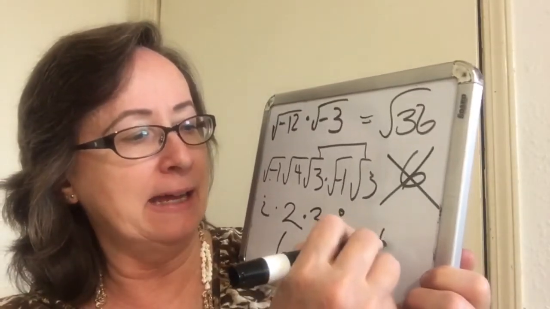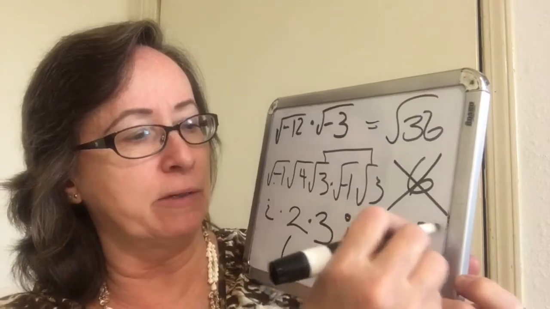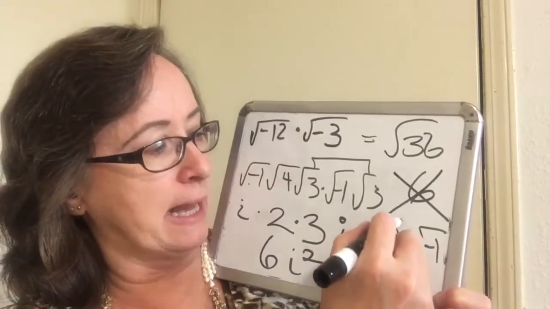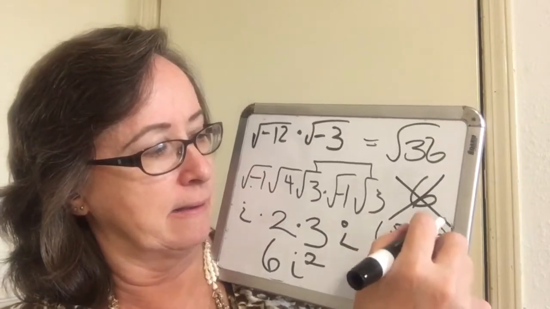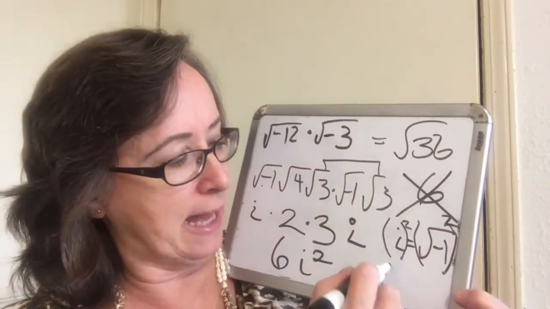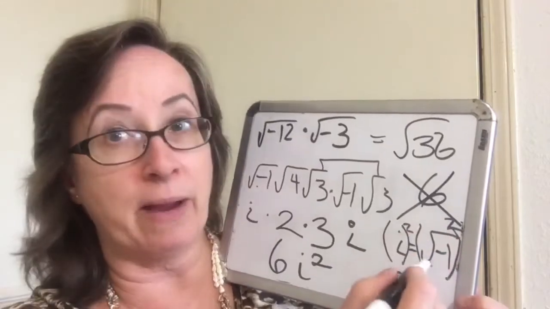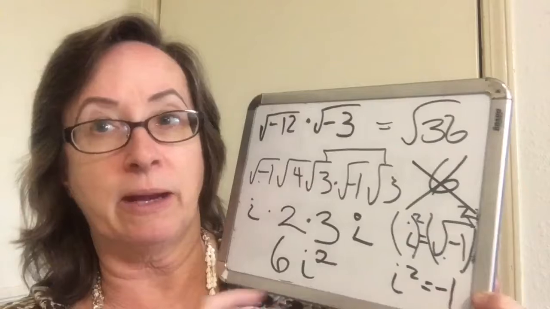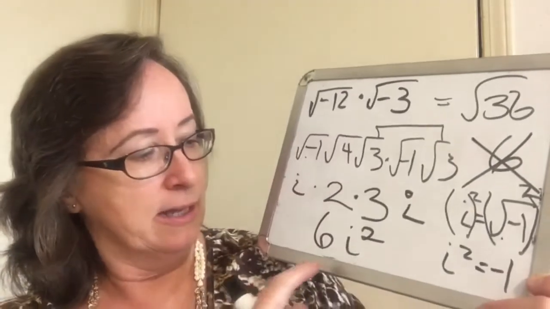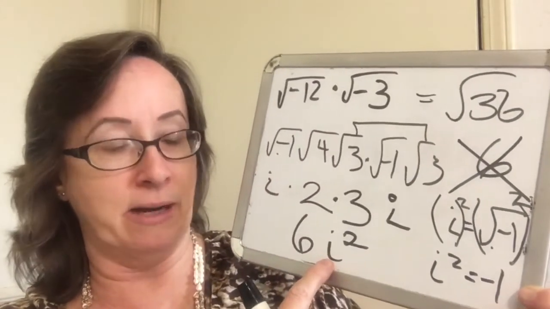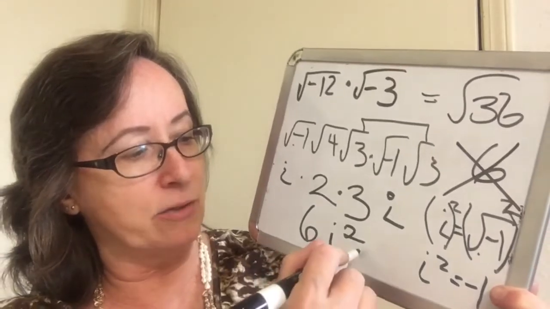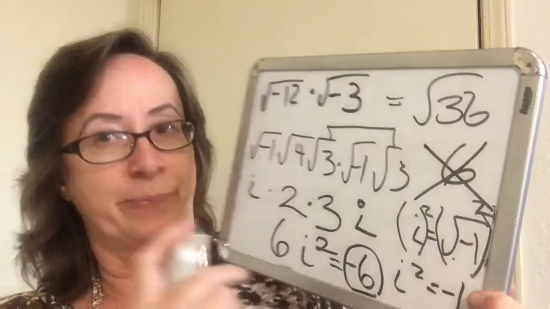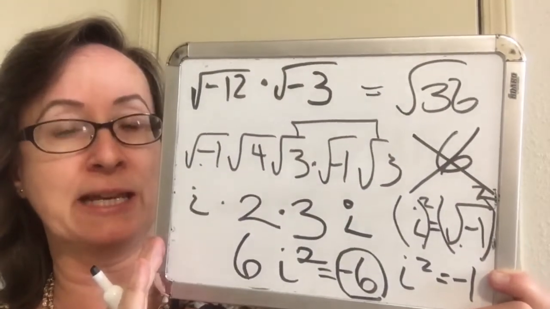If i is the square root of negative 1, and I square both sides, then I end up with i squared. When I square the radical, I end up with just the negative 1. So i squared is defined as negative 1. Now that I know that i squared is negative 1, my answer simplifies to negative 6. So the correct answer is negative 6.